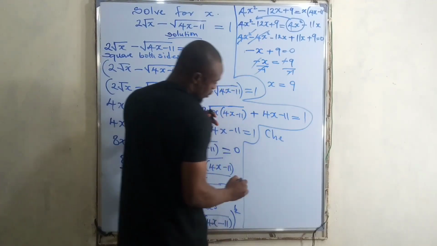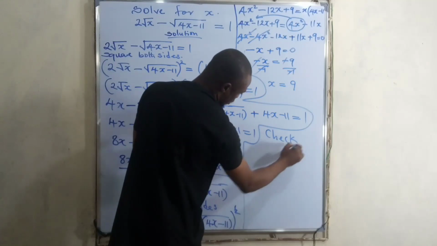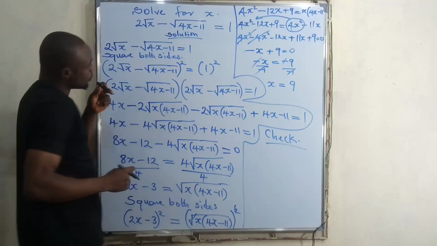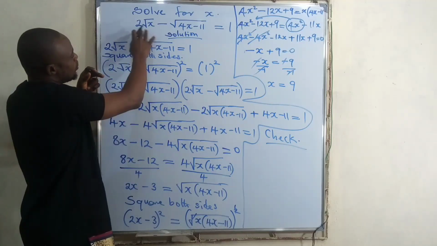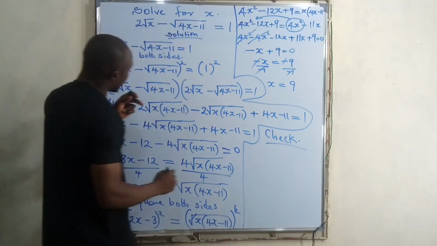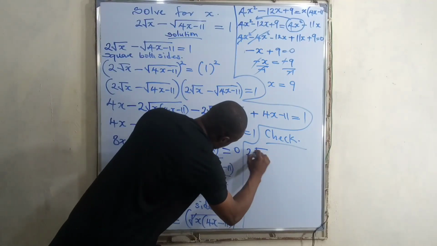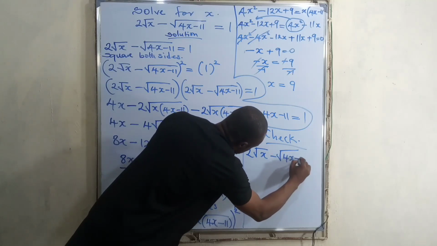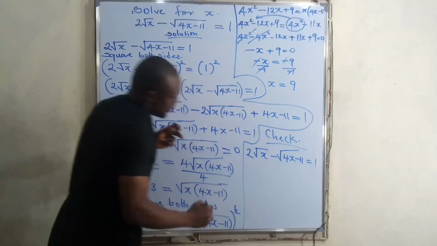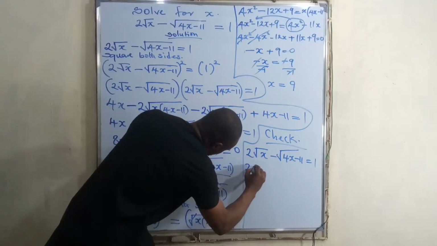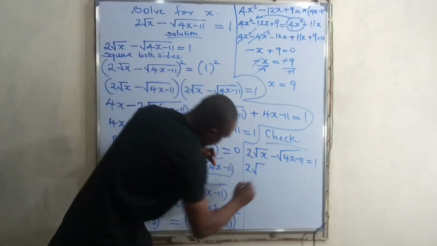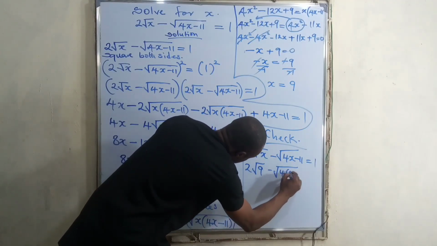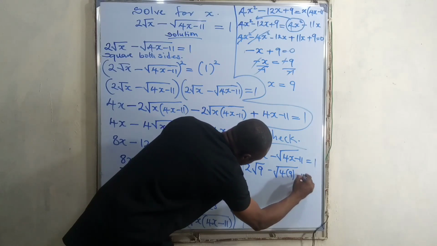Beautiful. So let's check to see if what we did is correct. According to the question, everything is equal to 1. So the question is 2 root x minus the root of 4x minus 11 equal to 1, and our x is 9, so we have 2 root 9 minus the root of 4x minus 11.